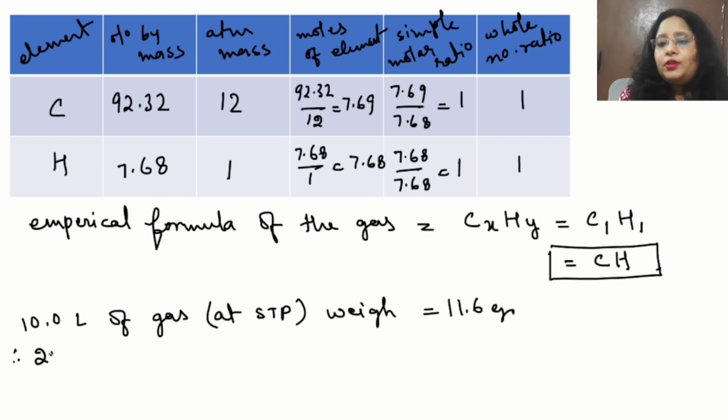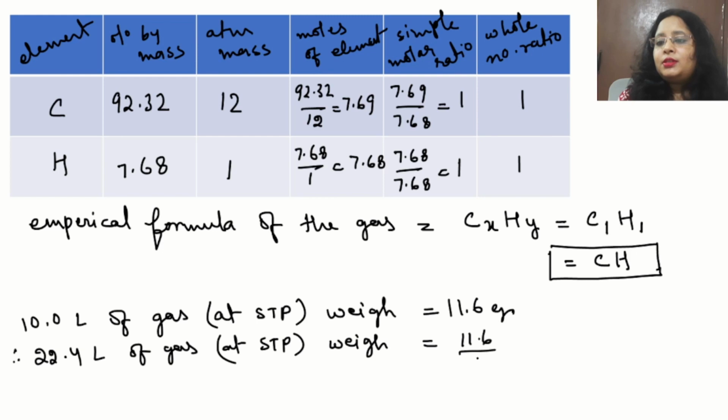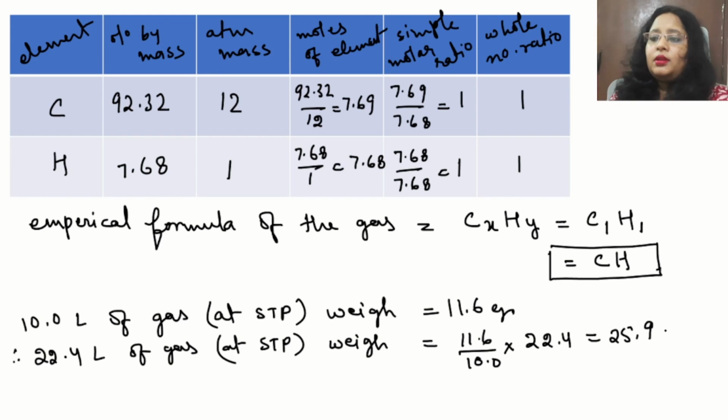So 22.4 liter of gas at STP weighs, now here we put the unitary method, 11.6 divided by 10.0 into 22.4, and we get the answer 25.984 grams, which we will round off and make it 26 gram.